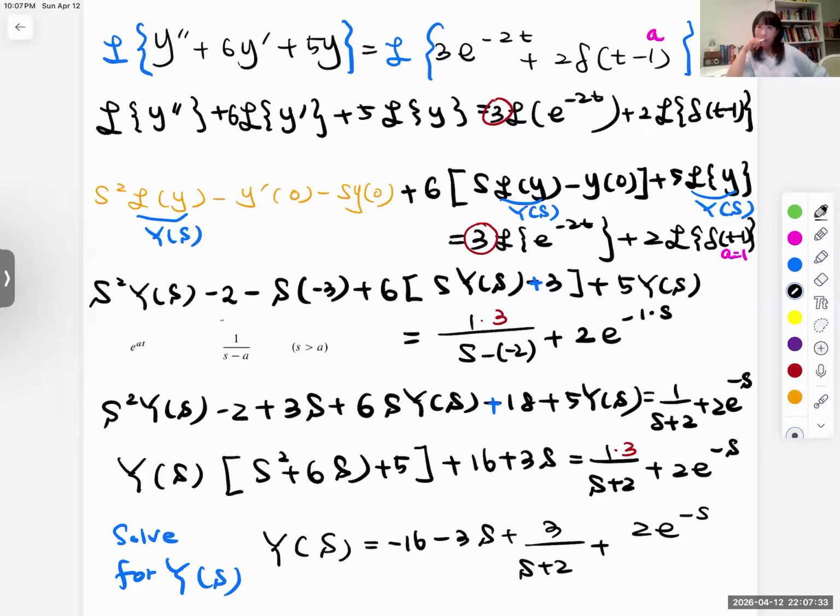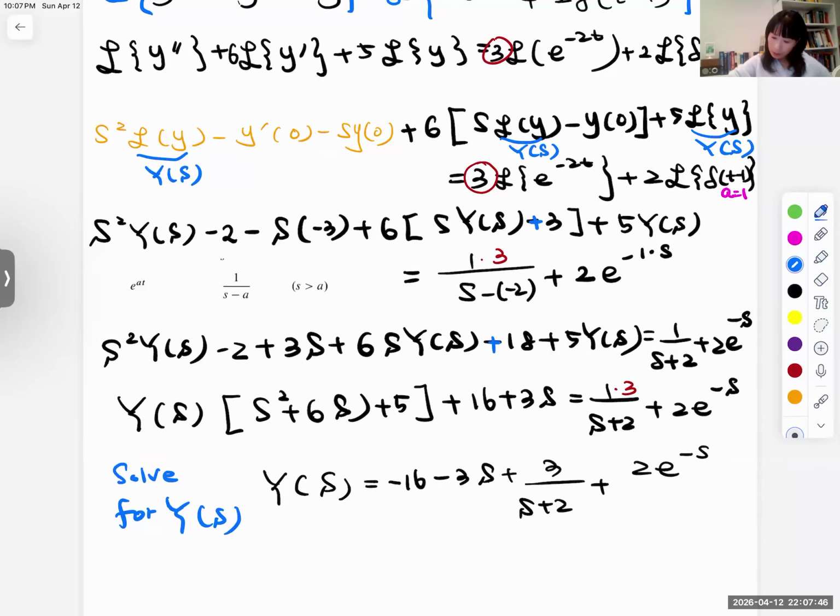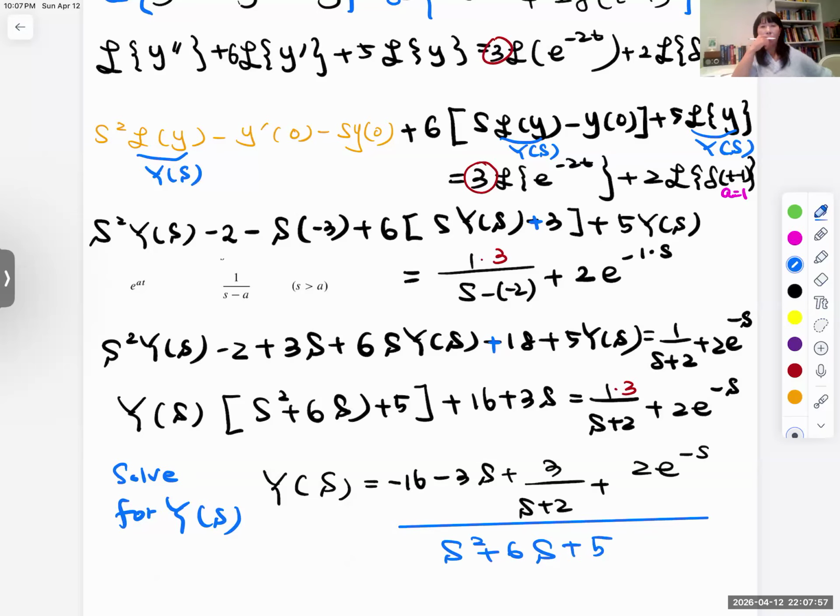Okay, now everything divide by s squared plus 6s plus 5.